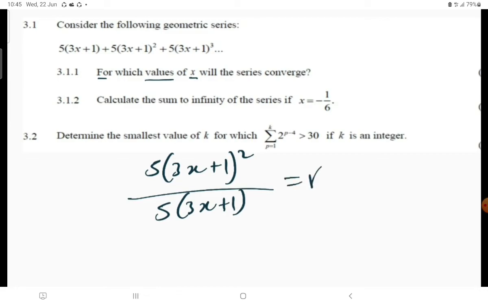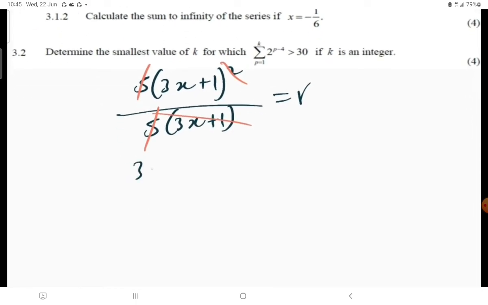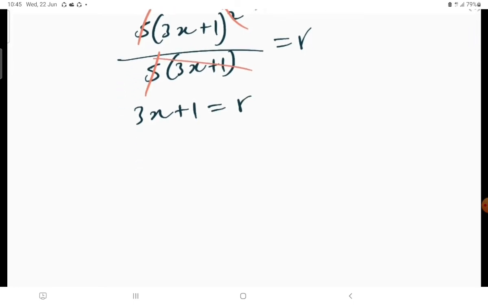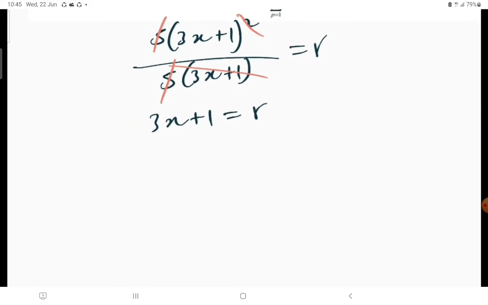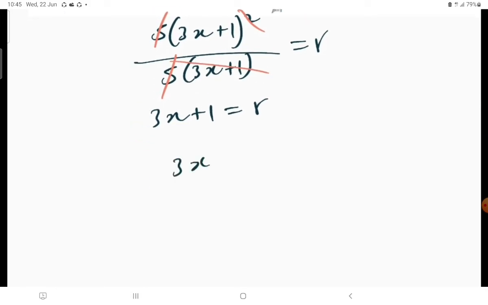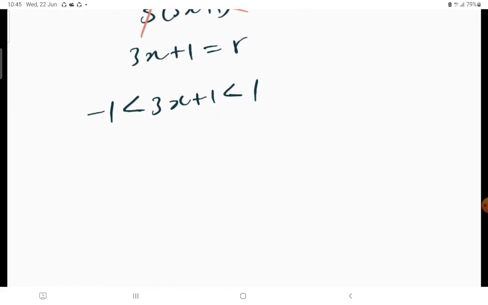The 5 stays, and the squared factor cancels one of the numerator's factors, so you are left with just 3x plus 1, which is your r. For this series to converge, this r, 3x plus 1, must be between these inequalities, so that we find the value of x.